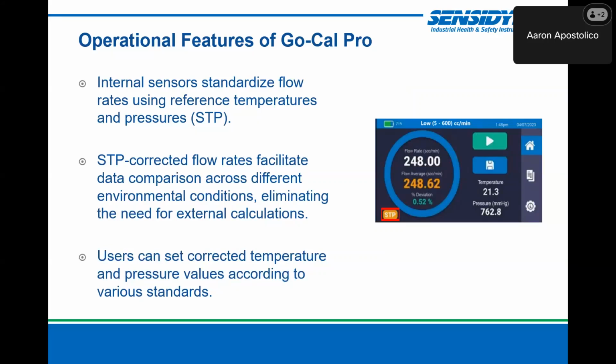And then you sample all day, and at the end of the work shift, you do a post calibration outside in the same location, but now let's just say it's 88 degrees outside. So if you wanted to really look at the corrected flow rate based on the changes in environmental conditions, you can do that using the STP feature and really show that my starting and ending flow rates were within the approved, typically 5% of the set flow.